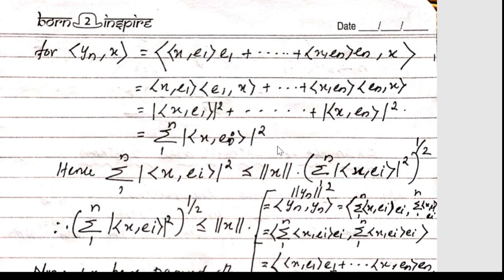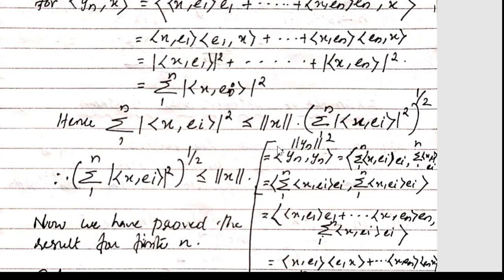Now hence the sum from i equal to 1 to n of the modulus of the inner product of x and e_i, squared, is less than or equal to the norm of x into the norm of y_n, which is the sum from 1 to n of the modulus of the inner product of x and e_i squared, all raised to 1 by 2.